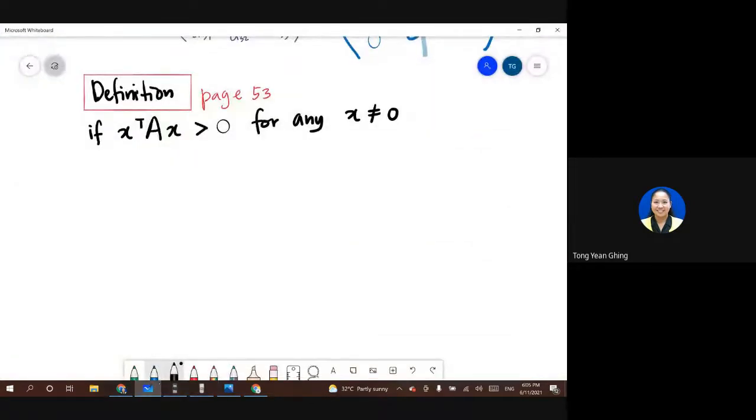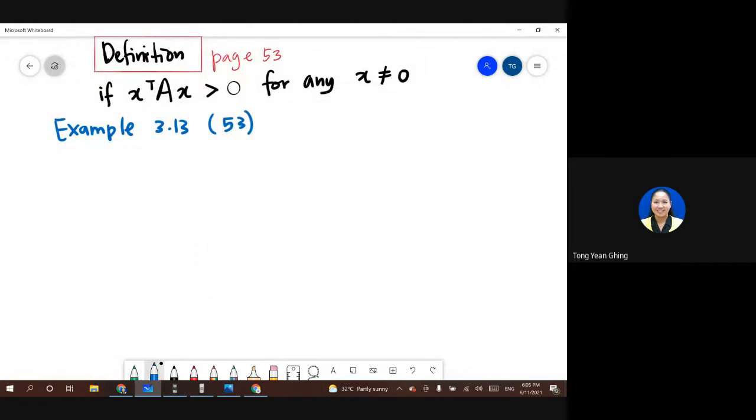Example 3.13, page 53. Show that matrix A is symmetric positive definite by using the definition.